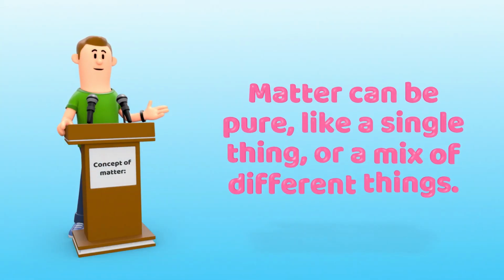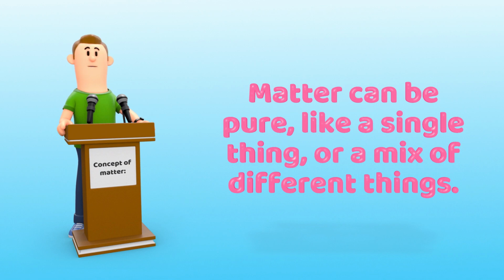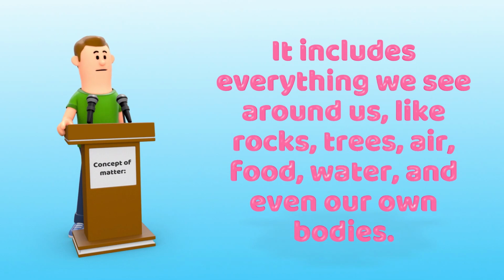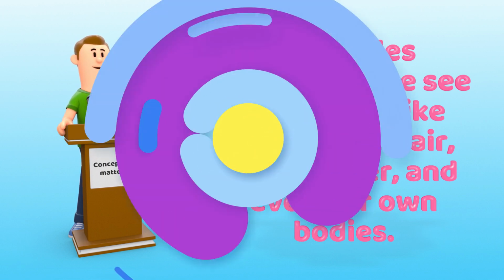In our real life, matter can be either pure, like a single thing, or can be a mix of different things. Matter can include everything we see around us. Things like rocks, trees, air, food, water, even our bodies.